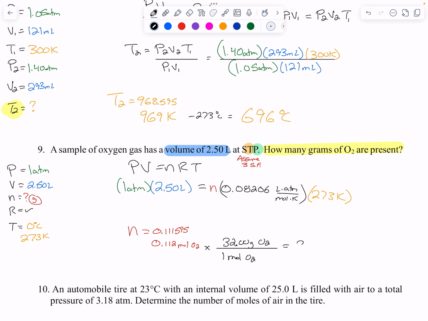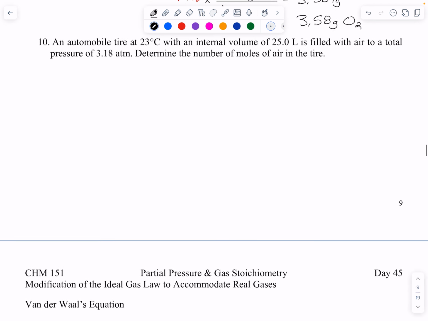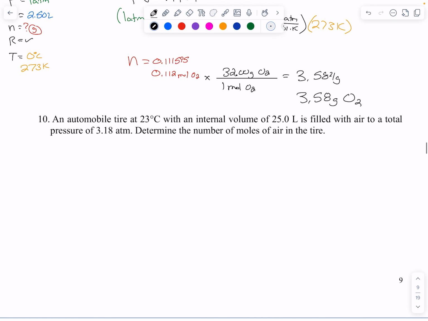I get 3.584 grams, and I get 3 sig figs, let's call it, so 3.58 grams O2. So that's what I get doing that. All right. Last one.